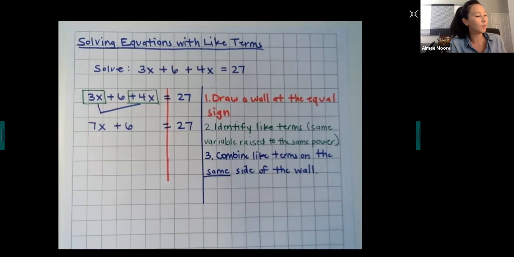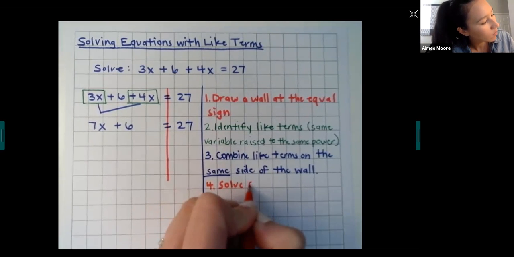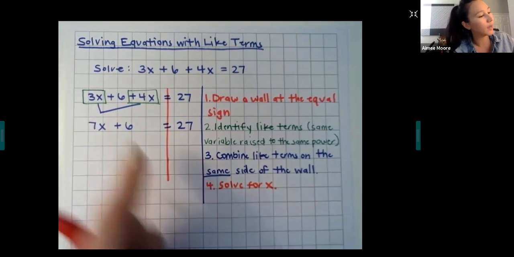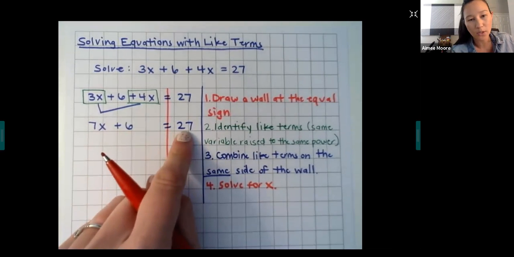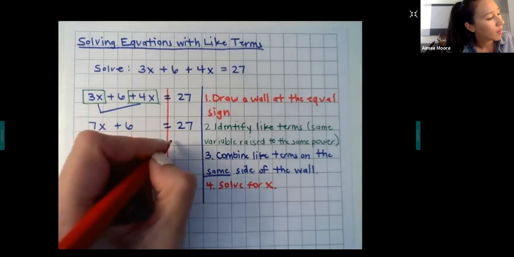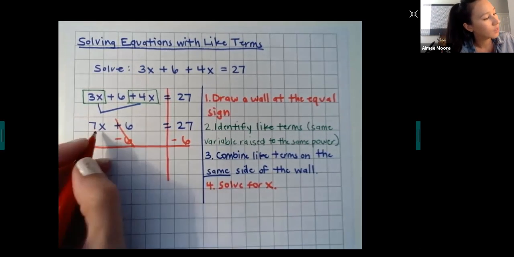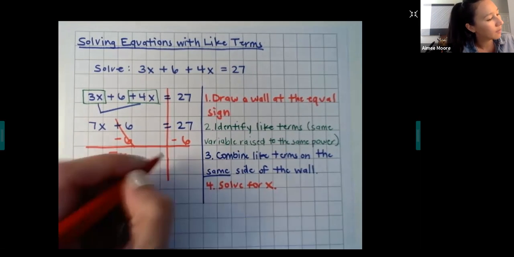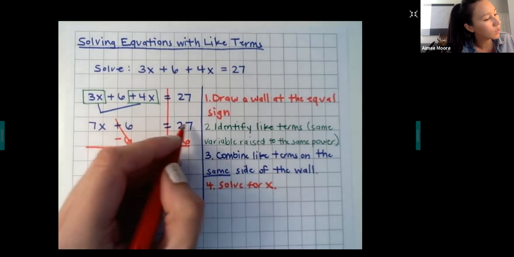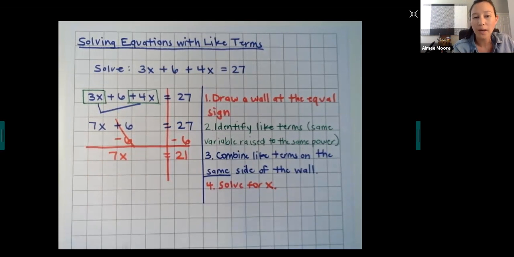Awesome. Okay, so then we just solve for x, just like we've been doing. 7x plus 6 equals 27. We have to get rid of this positive 6 by subtracting 6 from both sides. Those cancel out. We bring down our 7x, and that equals 27 minus 6, which is 21.